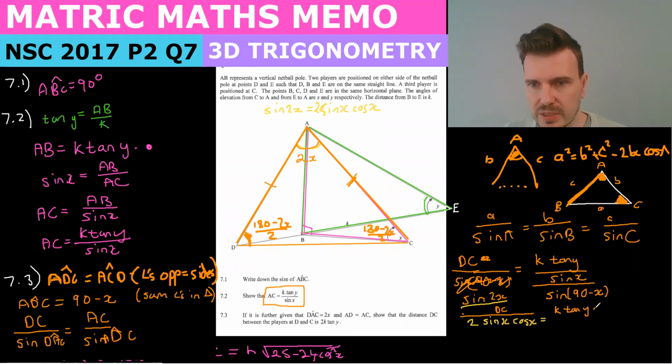Sine 90 minus x is cos x. So now let's take this to the bottom.